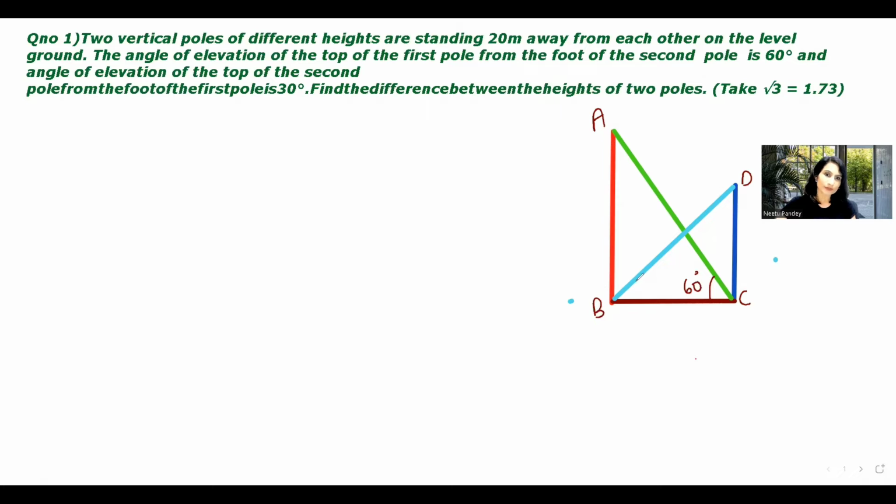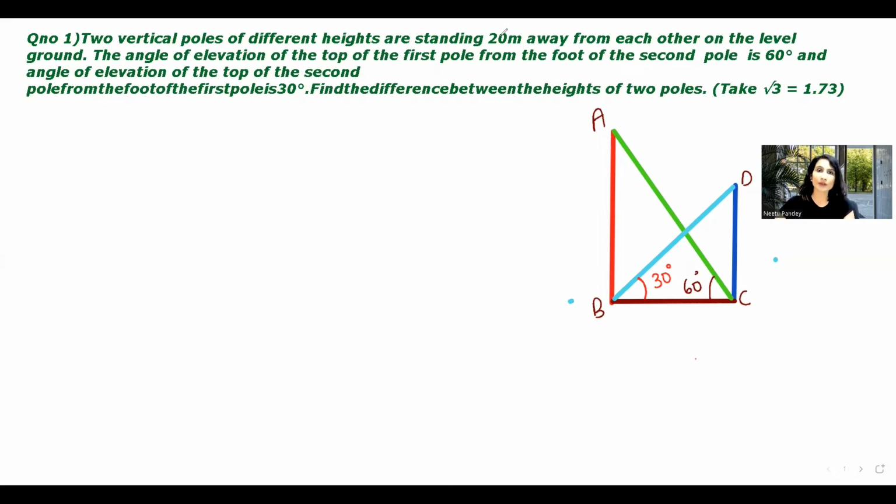So read the question carefully. The top of the second pole from the foot of the first pole is 30 degrees. Fine. So now we have to find the difference between the heights of the two poles.